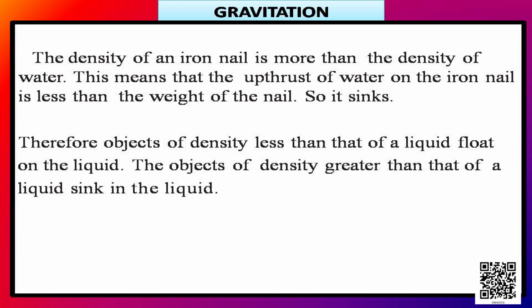This means that the upthrust of water on the iron nail is less than the weight of the nail. So, it sinks. Therefore, objects of density less than that of a liquid float on the liquid. The objects of density greater than that of a liquid sink in the liquid.